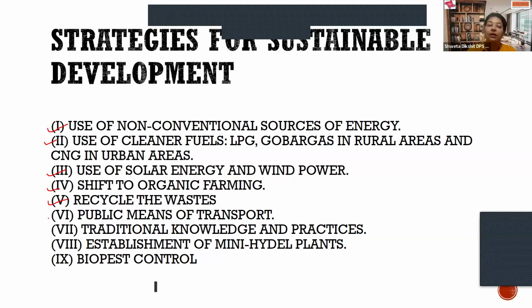And I would say that before producing or using anything, we should have an option to recycle it. Then we should better use public means of transport to reduce air pollution. We can also use various traditional knowledge and practices. Children, this traditional knowledge and practices sounds very simple, but when it comes to writing, there are so many things to write about, like our traditional medicinal system.